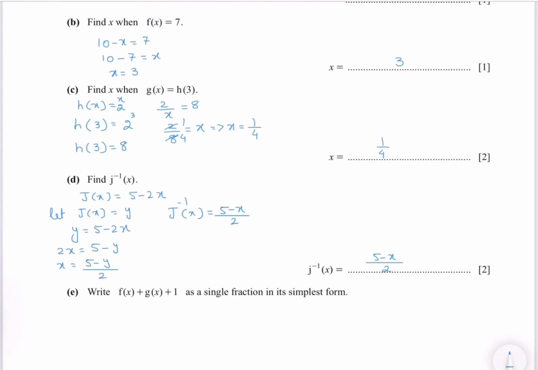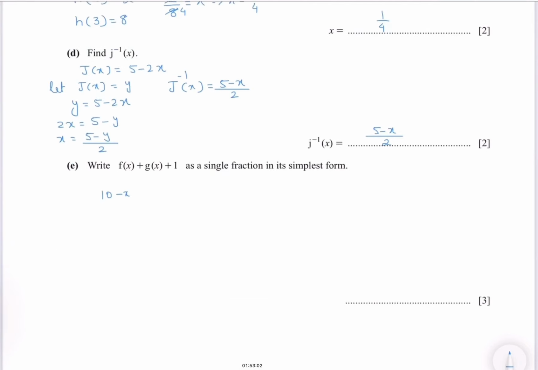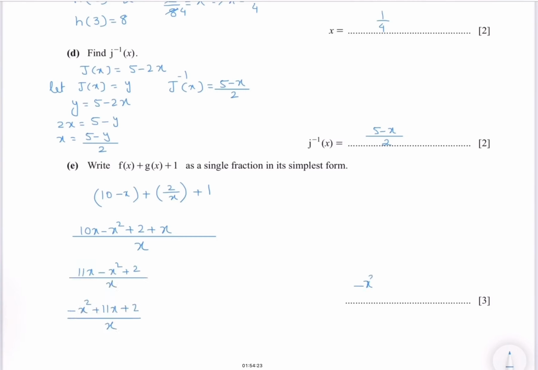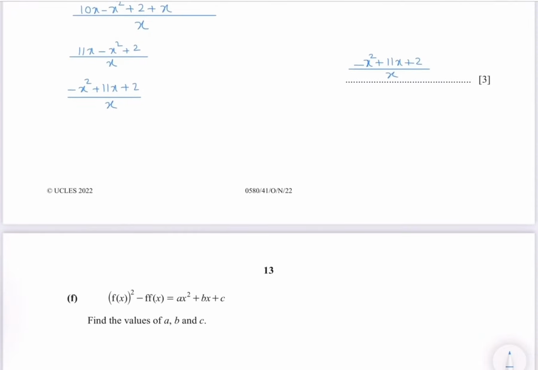So place their values. f of x is given, g of x is given. Write them under it and now simplify it. Your LCM is x. Simplify it. So this is your final answer.